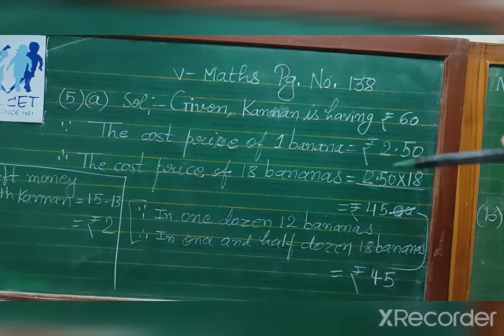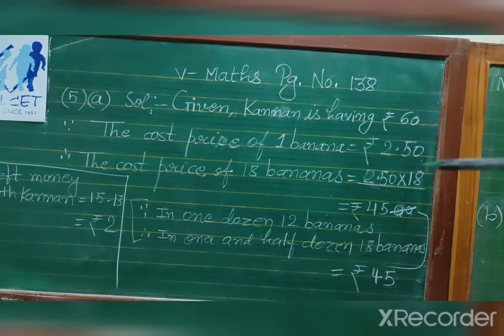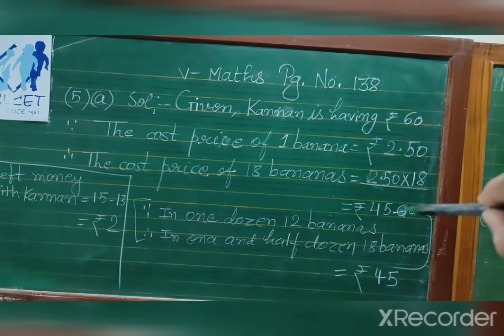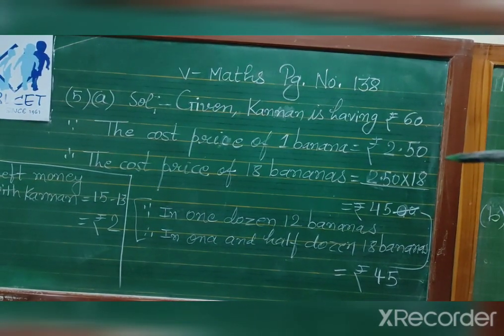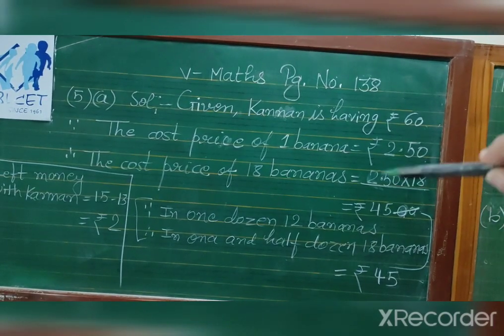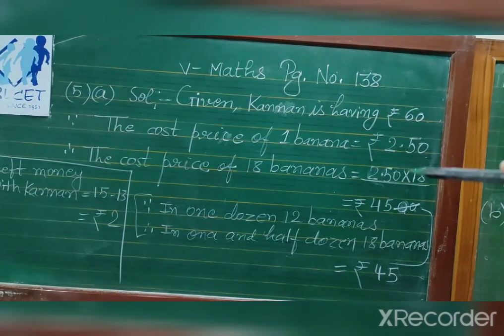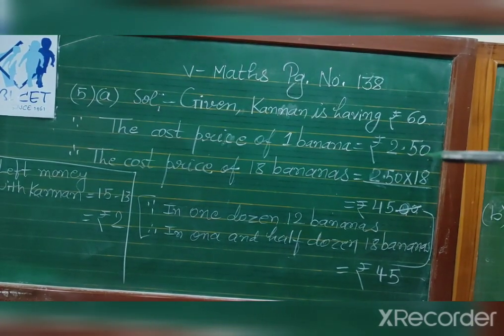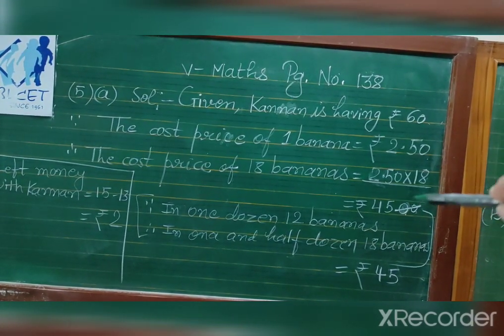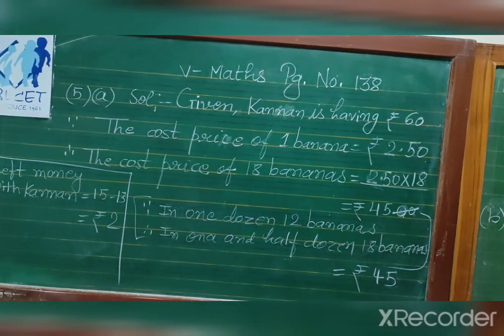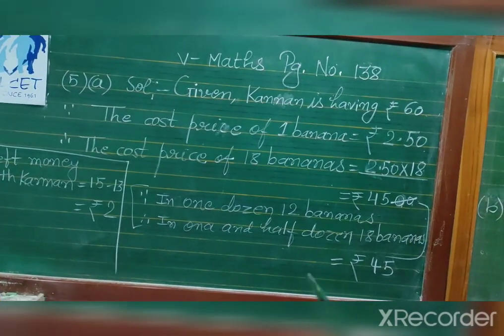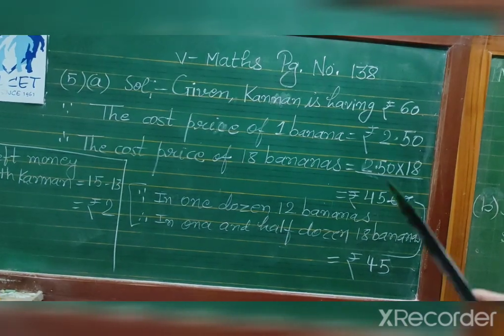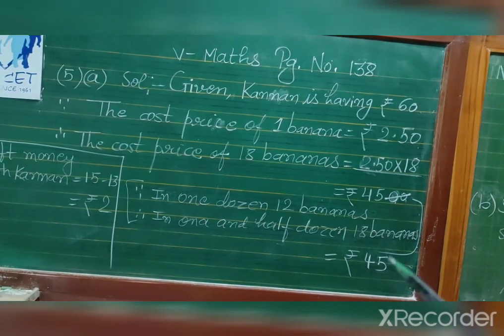When you multiply this, 18 zeros are 0, 18 fives are 90, 0 and carry over 9, 18 twos are 36, 36 and 9, 45. Before 2 digits, you will put the decimal, but after the decimal, completely 0s you can cancel. So here you will write: the cost of 18 bananas is rupees 45.